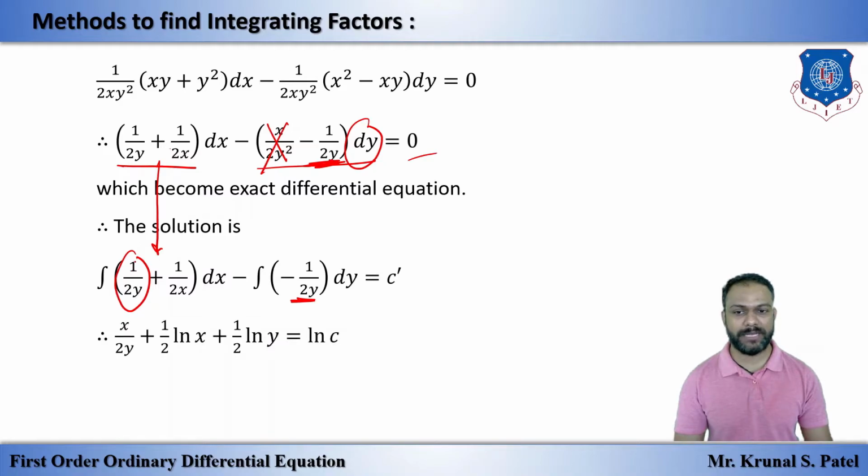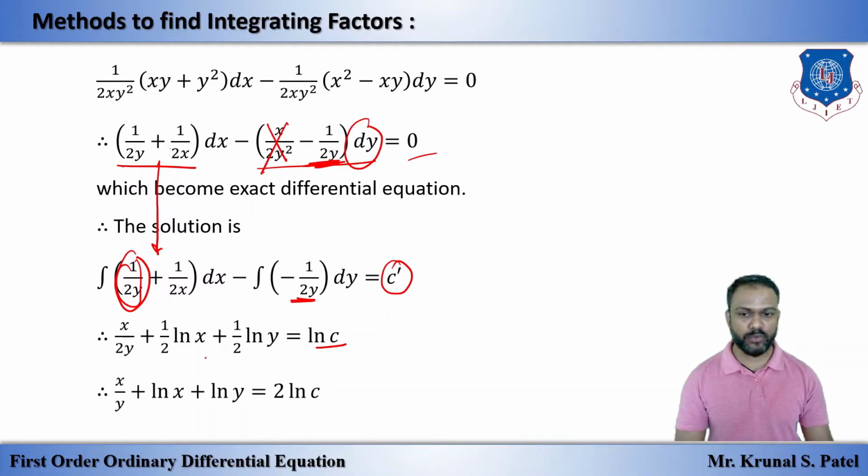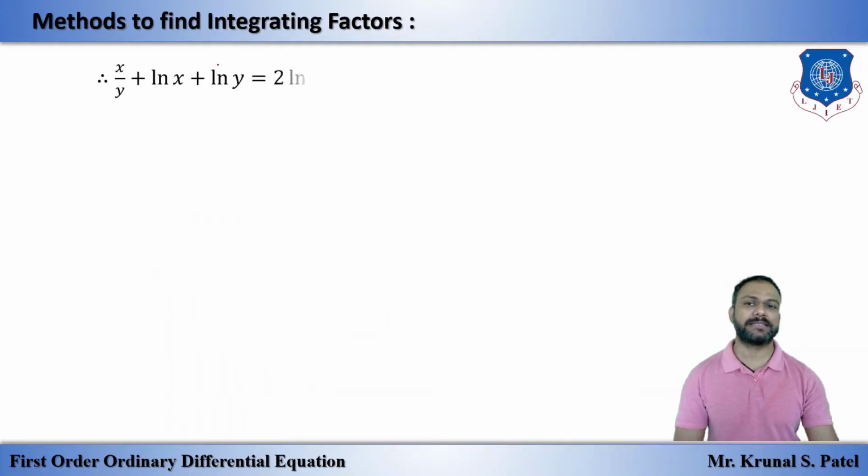So x multiplied with this, 1 by 2 ln x, minus minus plus 1 by 2 ln y, and we will take c dash as ln c, as I told, because whenever we have ln in the integration, we will put the constant as ln. Now by simplifying, taking LCM 2, we have 2 ln c, and by simplifying this we have ln c square.